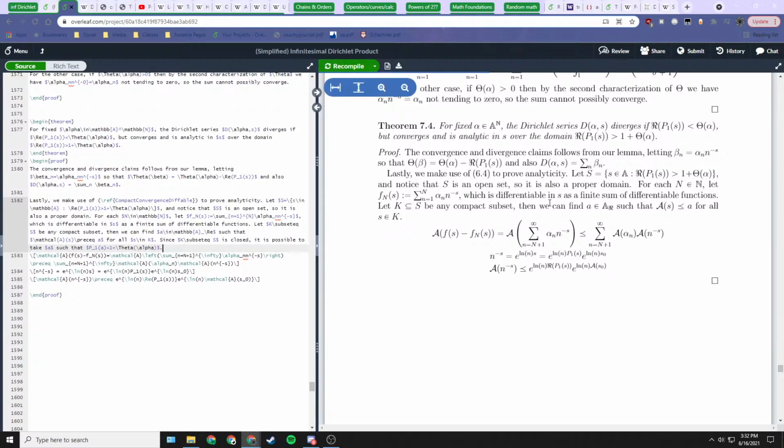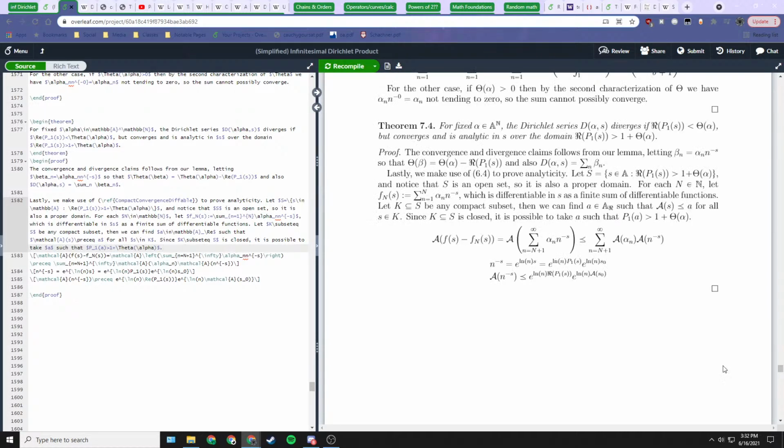So that's what we need. Yes, so since K is closed, it's possible to take this bounding number A such that P1 of A is strictly greater than 1 plus theta alpha. So the reason that's true is S is such that all the things in there have the real part of P1 of S greater than 1 plus theta alpha. Actually, that's not what we need. Okay, let's do it this way, because that's actually not what we want.